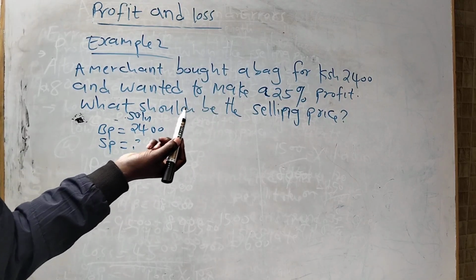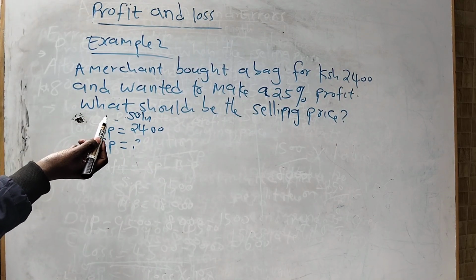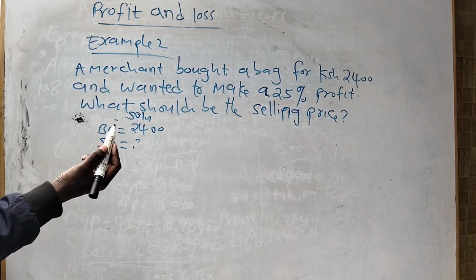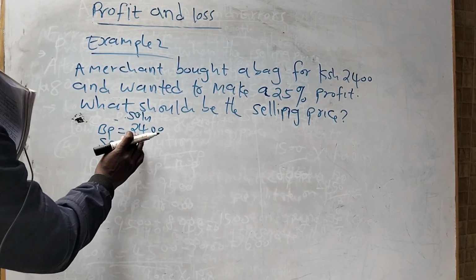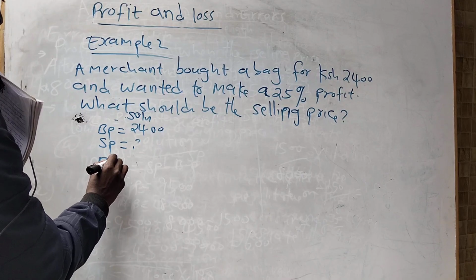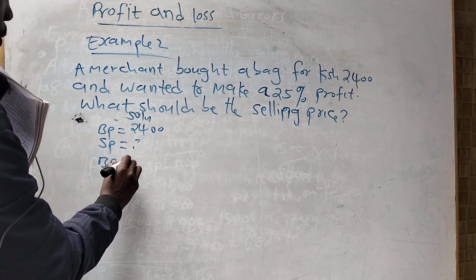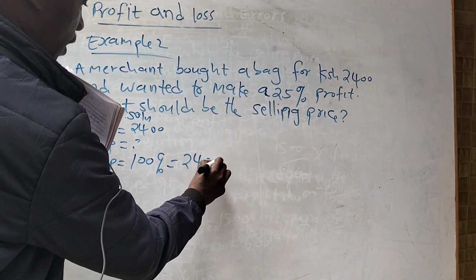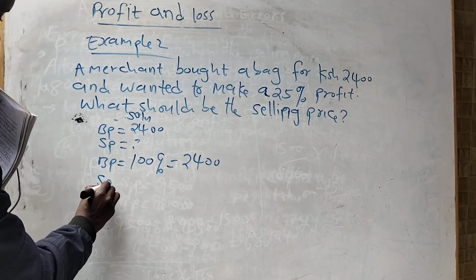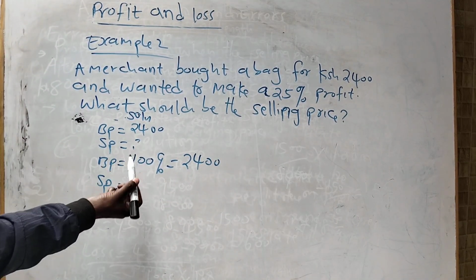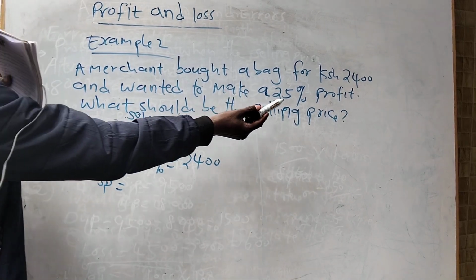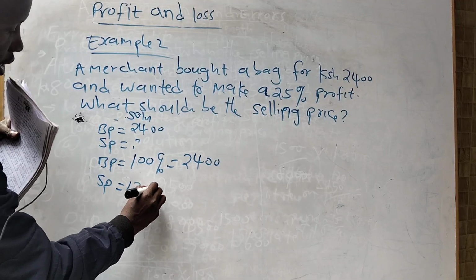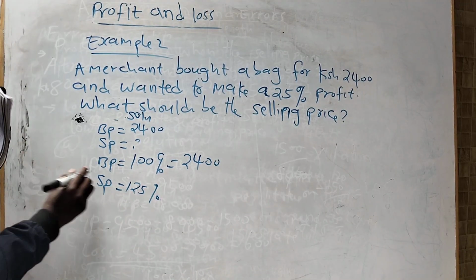But we are told that the selling price, if he makes the sale, he has to make 25% profit. So what does it mean? Buying price is equals to 100%, is equals to 2,400. What about the selling price, which will be, if he makes a 25% profit, it means the selling price is 125% of the buying price.